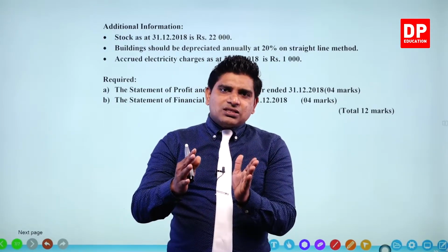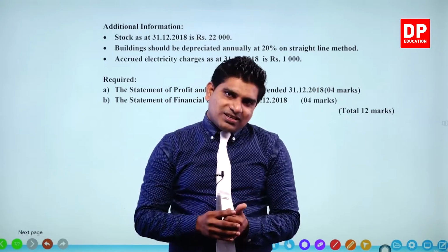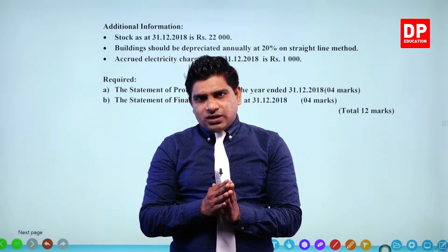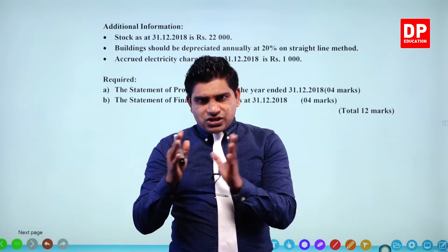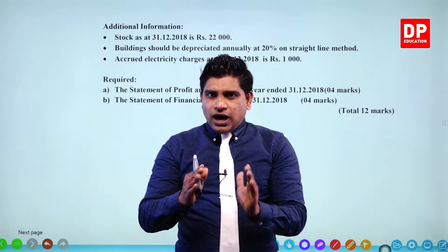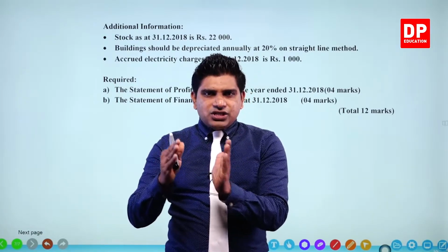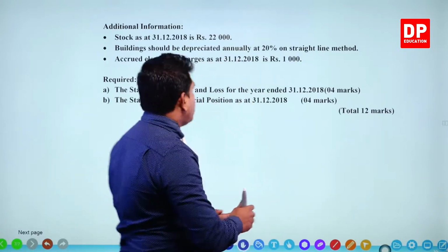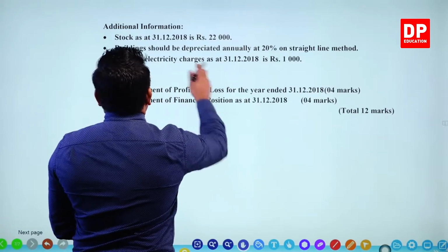Adjustment part is coming in the next chapter. We can discuss how to draw financial statements including additional information in the next chapter, right? So until we discuss additional information adjustment part, we can remove this part. So you ignore this additional information.